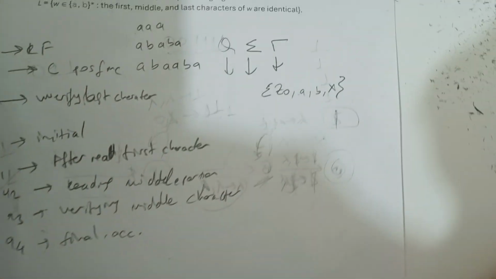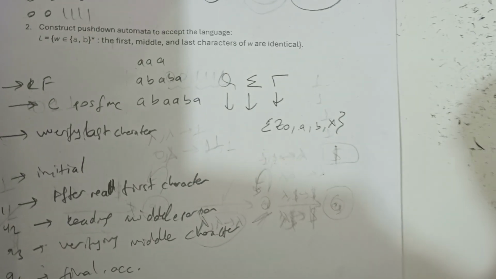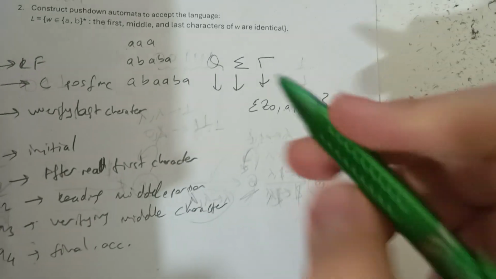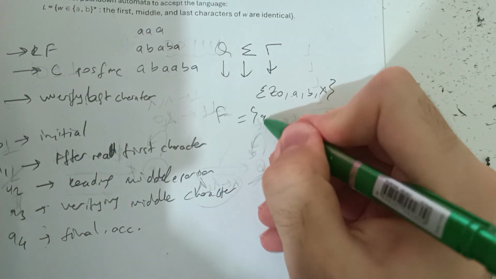Z0 is the initial stack symbol. The final state is Q4.